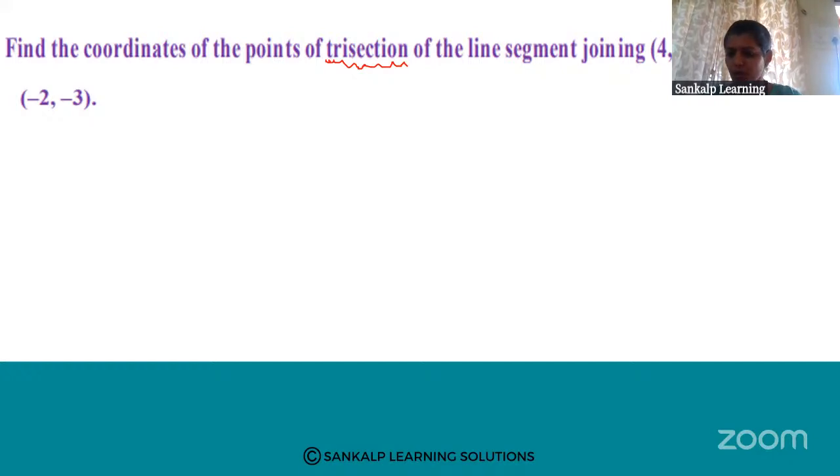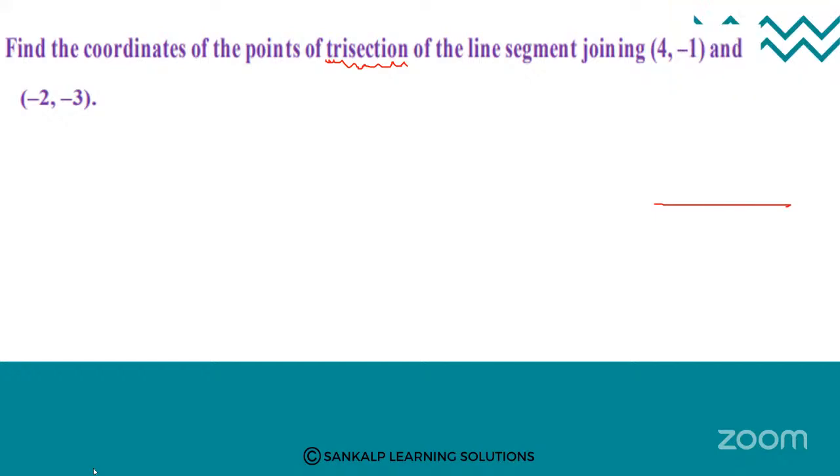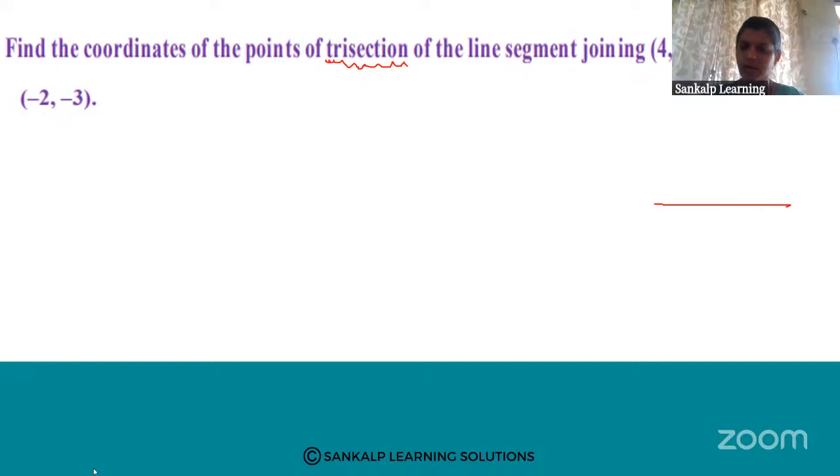What do you mean by trisection? See, if I consider the line AB, this is the point A and this is the point B. We know the coordinates of point A, that is (4, -1), and the coordinates of B are (-2, -3).